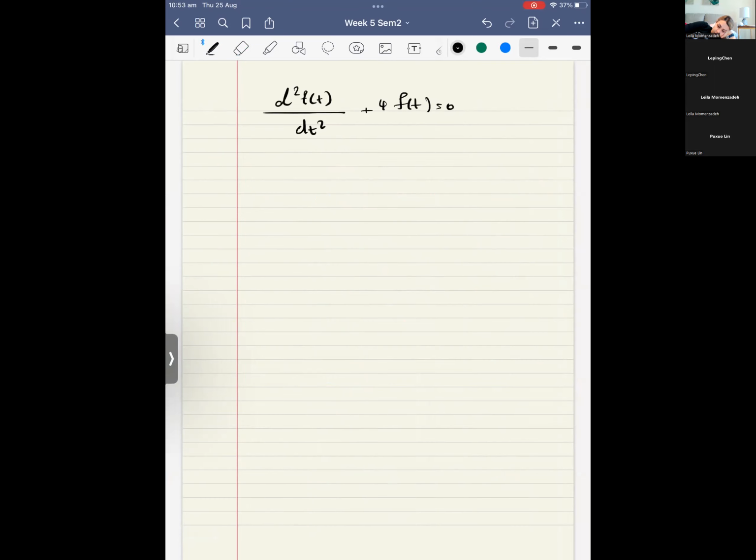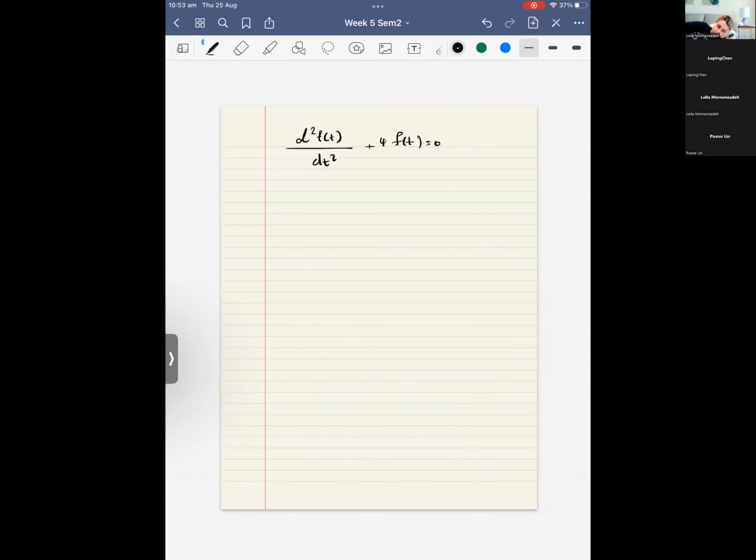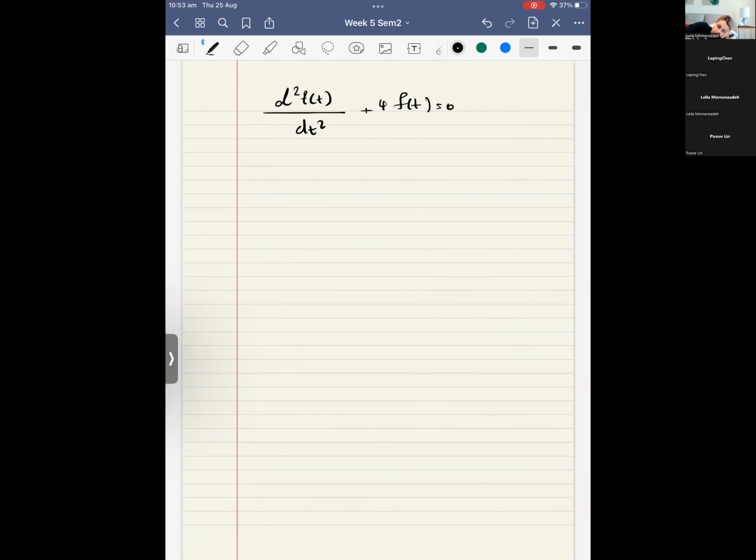Now we want to see the differential equation here. You know that the second derivative of f is equal to minus 4 f(t).